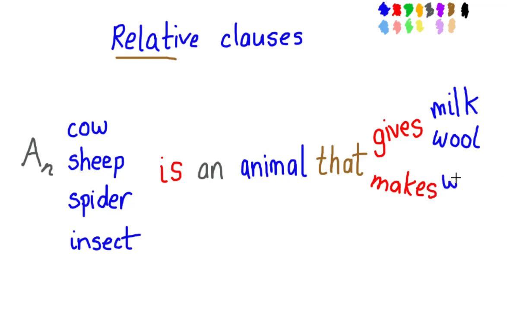It makes webs. A spider is an animal that makes webs, or an animal that has, what does it have? It has 8, and an insect is an animal that has 6 legs.